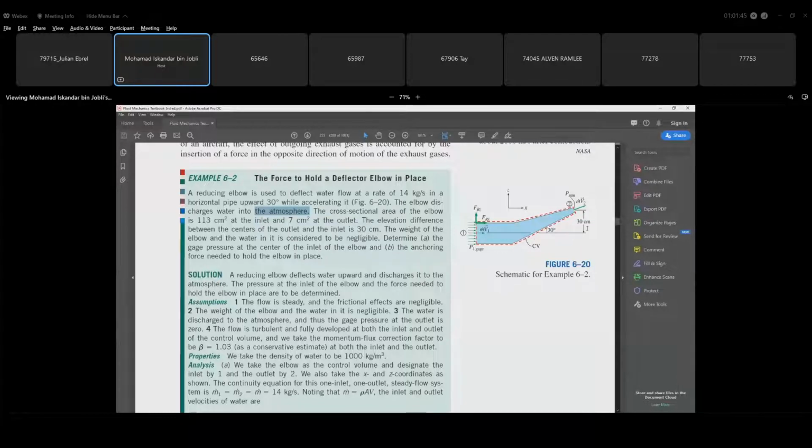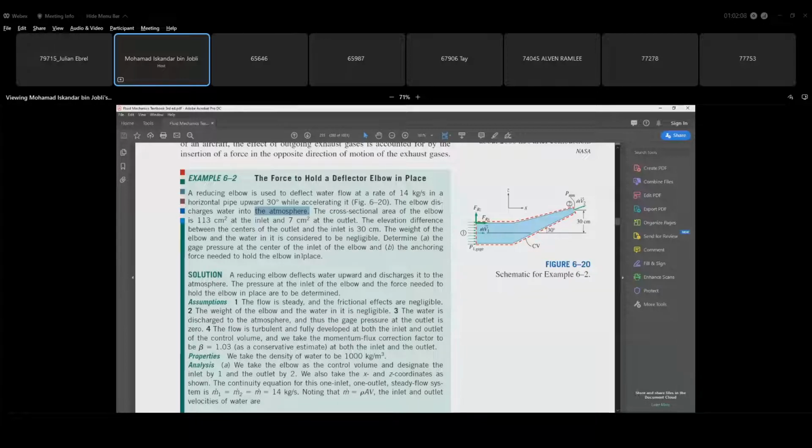The weight of the elbow itself and the water is considered to be negligible. We just concentrate on the water here.